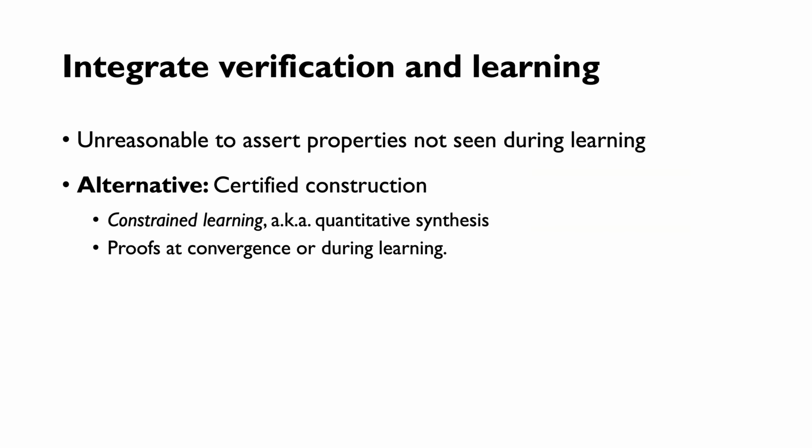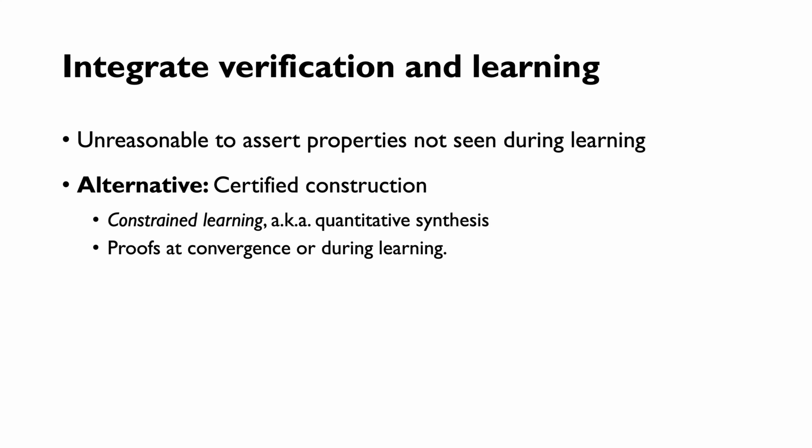One way in which you could go about this is that you could first learn a model using the neurosymbolic methods that you have seen so far, and then after that, you could do a checking of the constraint. But the issue there is that if you're asserting a property, say that the model needs to be robust, or avoid some set of bad states, and you're asserting those properties after the fact, it's unlikely that they're going to be satisfied.